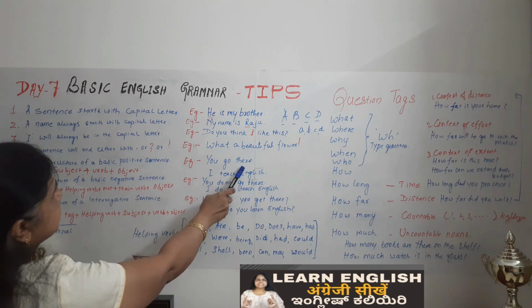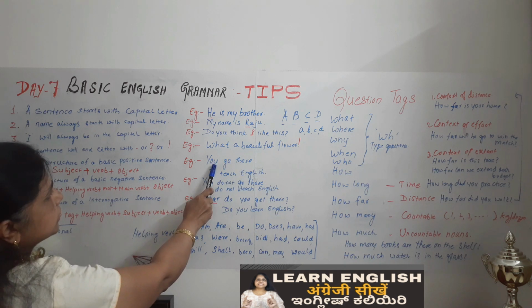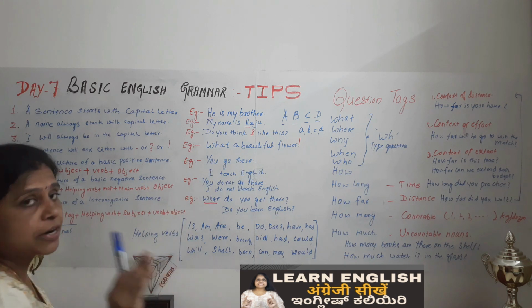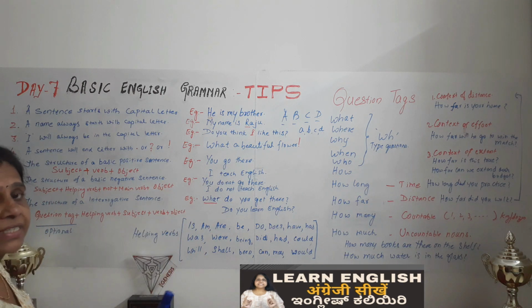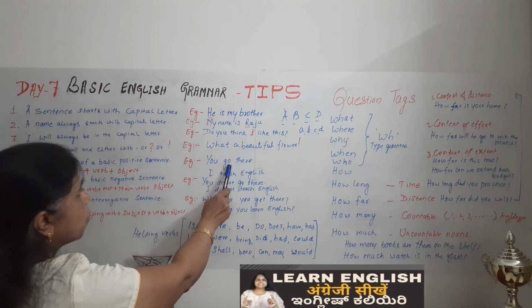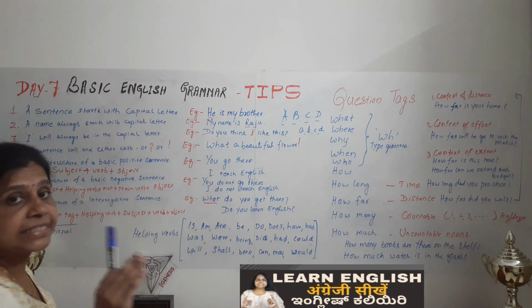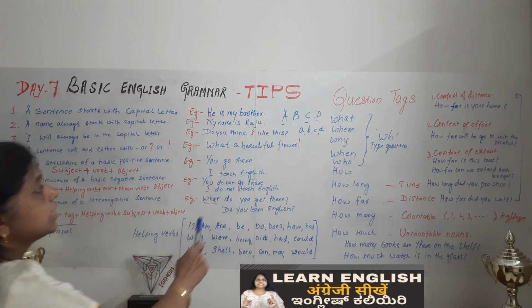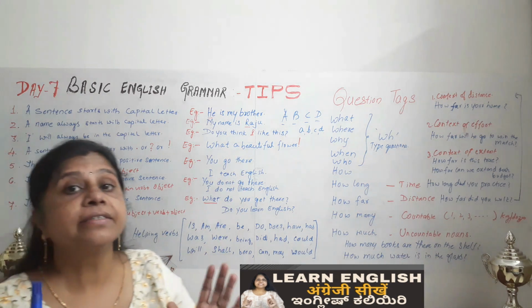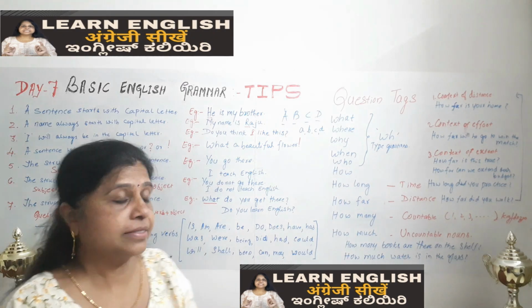You go there. You is the subject that comes in the first part of a sentence. Go is the second part of a sentence, that is the verb. There comes as the object, that is the third part of a sentence.